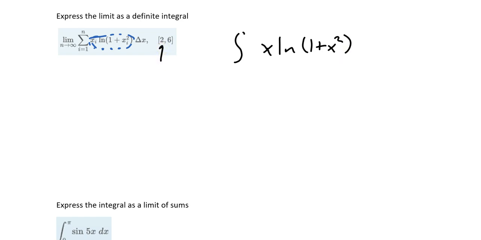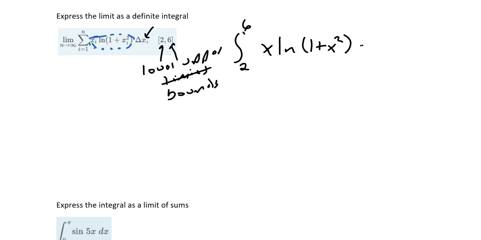Now, the interval that you're integrating over gives you your lower and upper limits, or bounds. I think that's what we usually call them, bounds. So the lower bound is 2 and the upper bound is 6. And then the delta x there actually tells us again what our variable is. So we're going to put a dx.